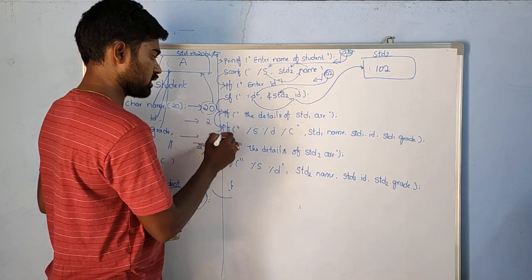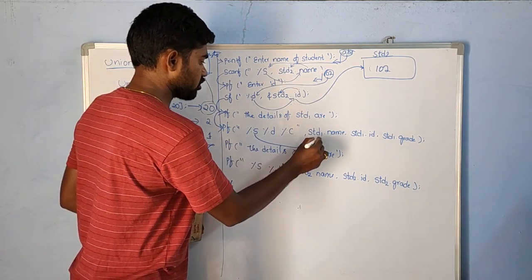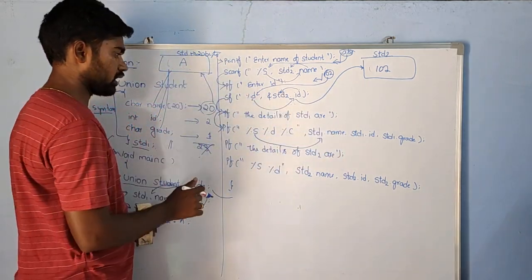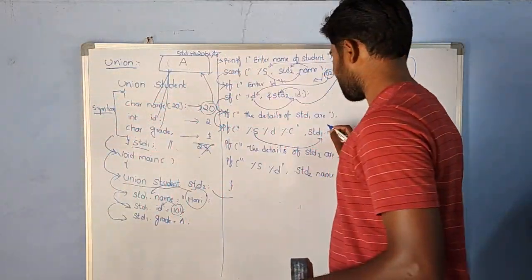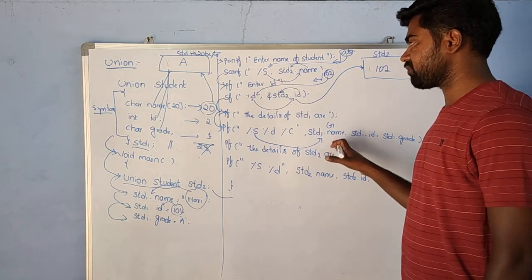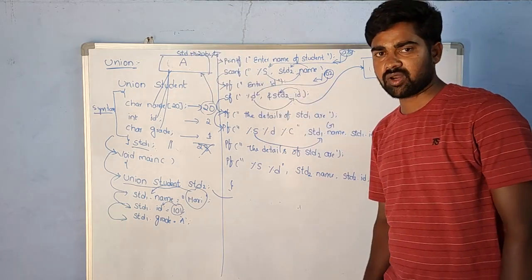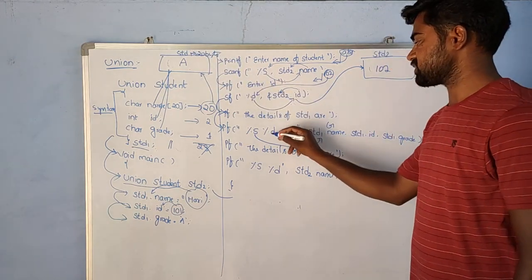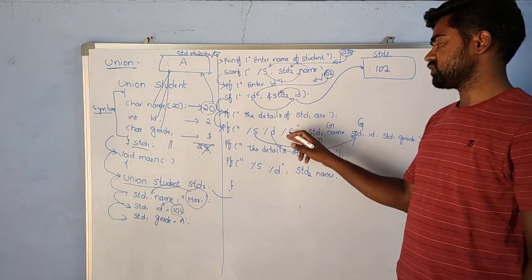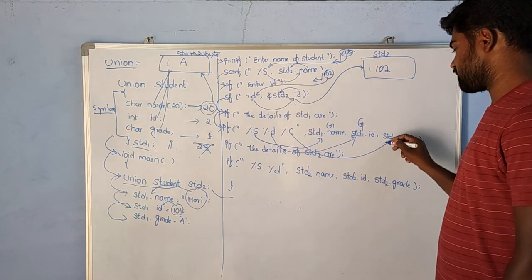Here this format specifier is going to print std1.name. In std1.name what do we have here? A. So what will happen? It is going to print a garbage value, because there is no name at this memory location. This specifier is going to print a garbage value, and this %c is going to print what here?